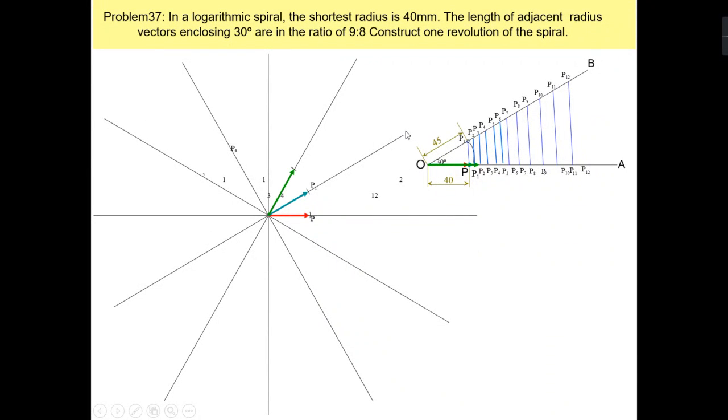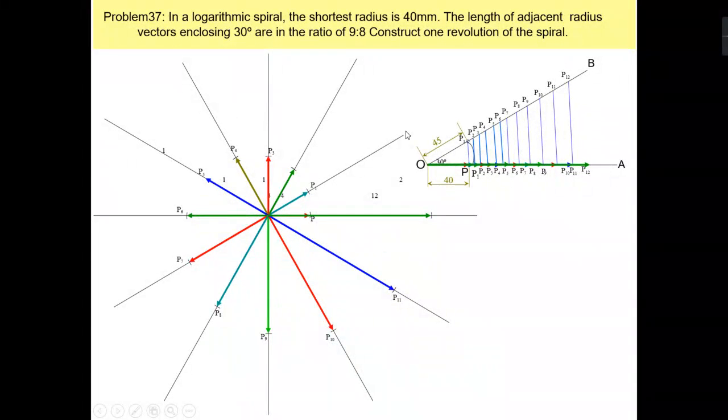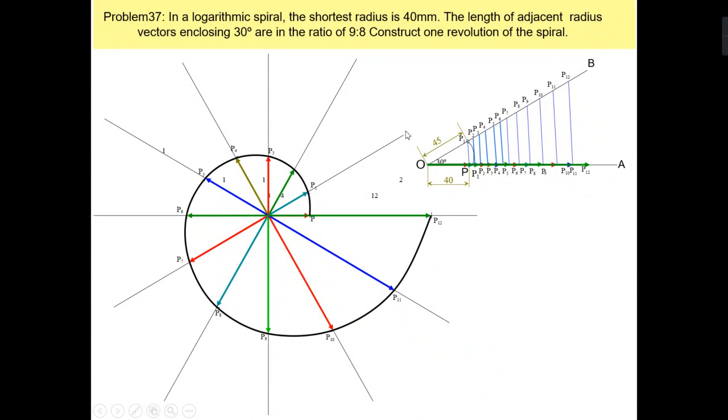In a similar way you can mark all the other points like P2, P3, P4, measuring the distance from the logarithmic scale, and you will get all the points of the logarithmic spiral. Then at the end you can join all the points with the help of a French curve or by freehand drawing.